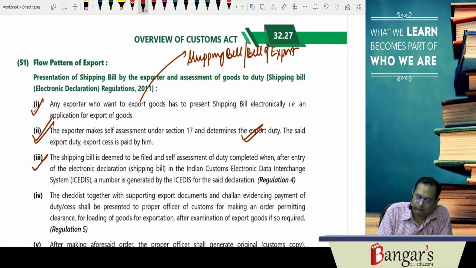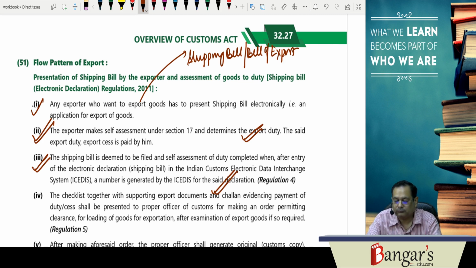Then the shipping bill is deemed to be filed and self-assessment completed when we have presented the electronic declaration in the Indian Customs Electronic Data Interchange system, and this number is generated by ICEGATE.